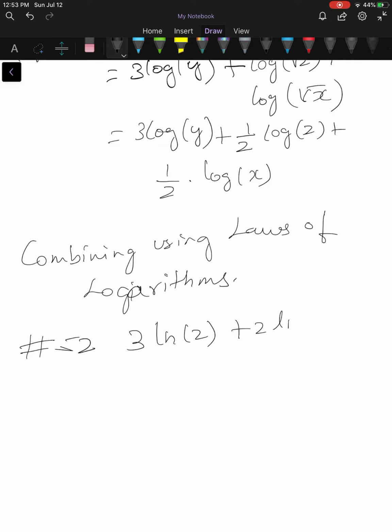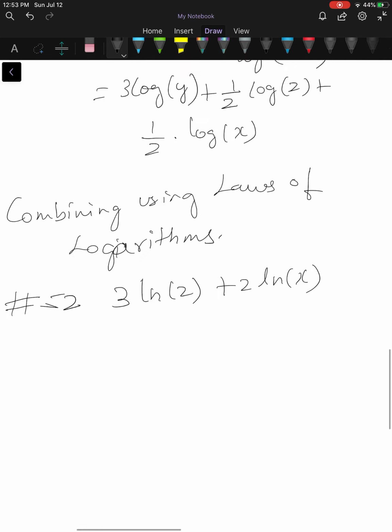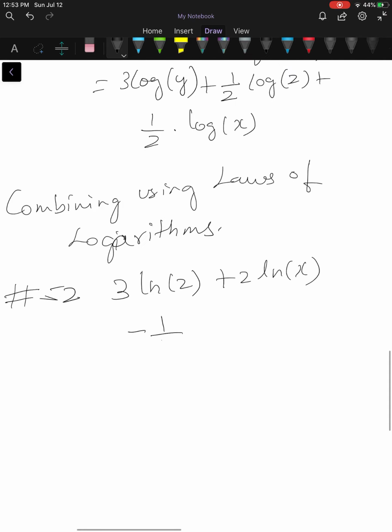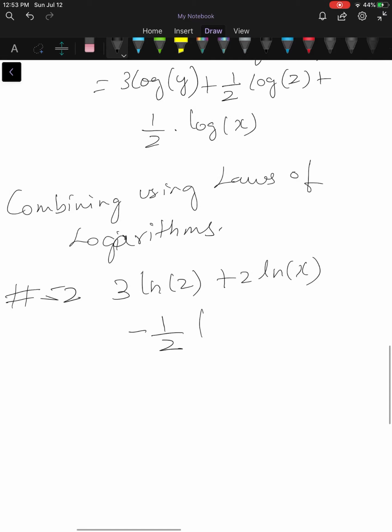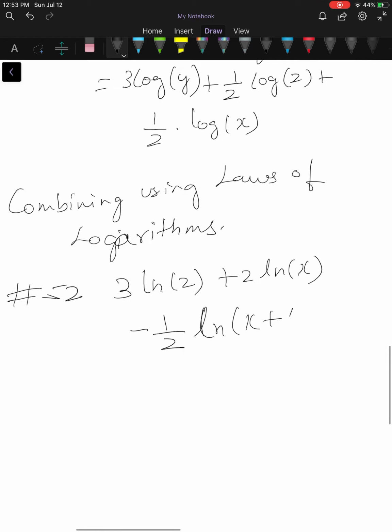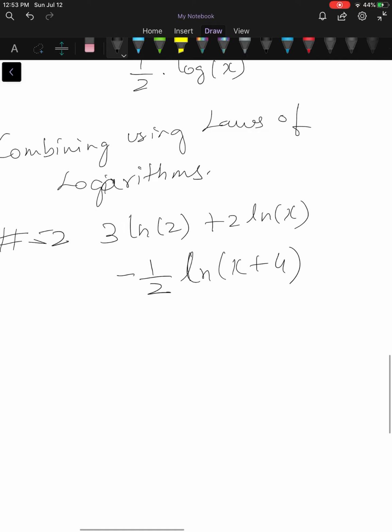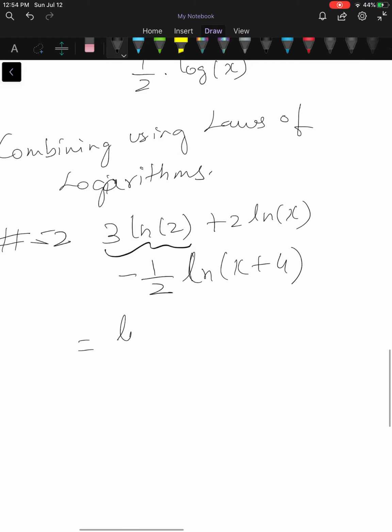The problem says that 3 ln of 2 plus 2 ln of x. Here you have something as natural logarithmic functions. So half ln of x plus 4. Okay, so all the properties of logarithmic functions as well as laws apply even to the natural logarithmic functions.